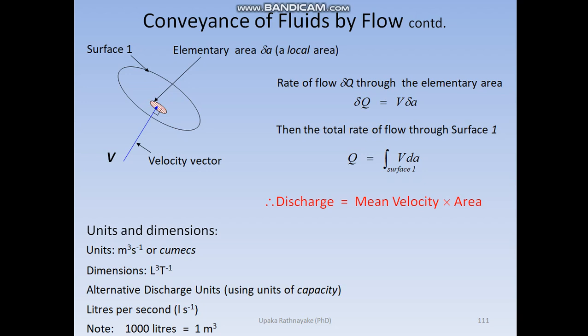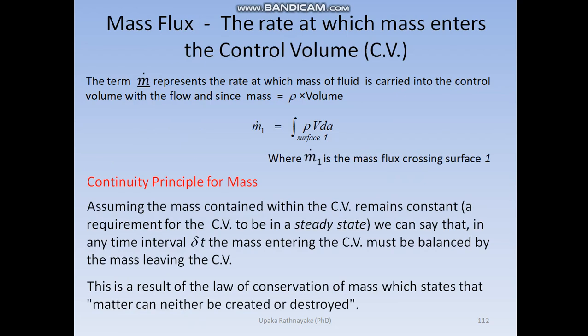Now, let us recall the mass continuity or continuity law. It assumes the control volume remains constant. We can say that in any time interval, the mass entering the control volume must be balanced by the mass leaving the control volume.